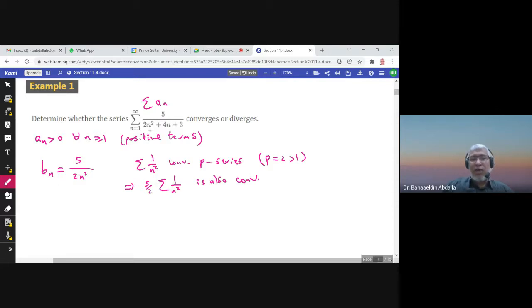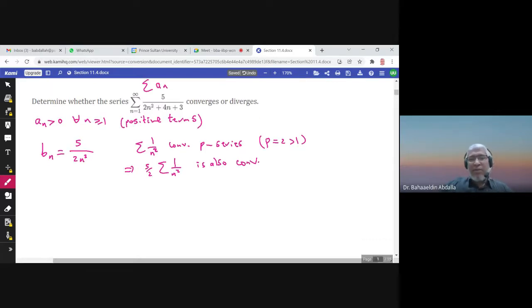So we need to compare now summation an with summation bn. Summation an would be convergent if an is less than bn, because less than convergent is convergent. So what we need to prove is that 5 over 2n square plus 4n plus 3, which is an, is less than 5 over 2n square, which is correct. Why is it correct? Because here in the denominator, we are making the denominator smaller.